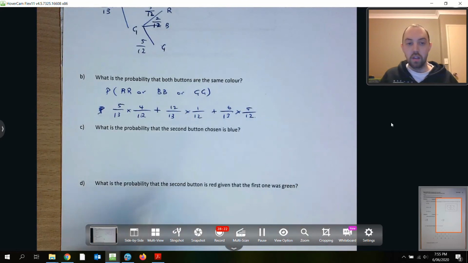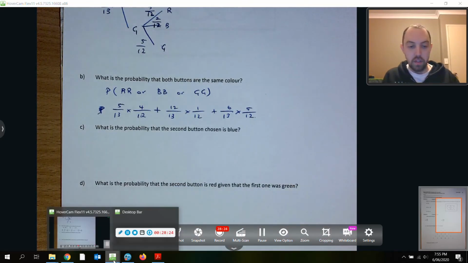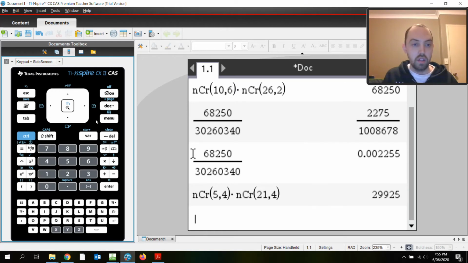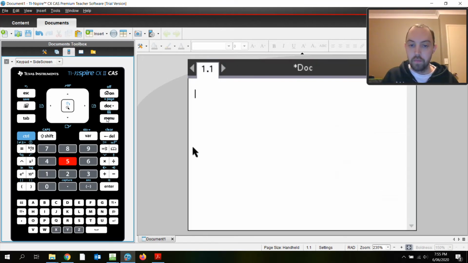So adding those all up together, not there, the actual calculator, I've got 5 out of 13 times 4 out of 12 plus 12 out of 13 times 1 out of 12 plus 6 out of 13 times 5 out of 12.